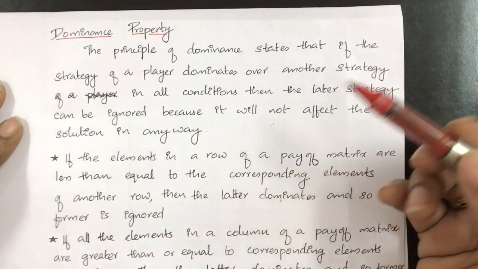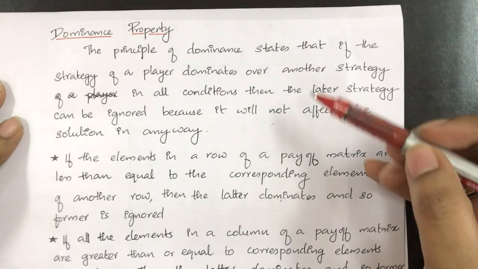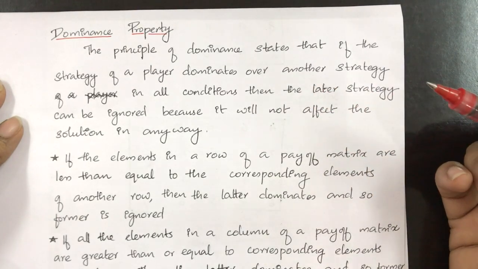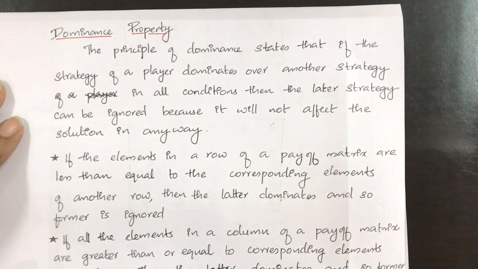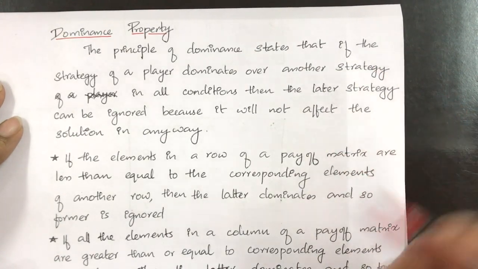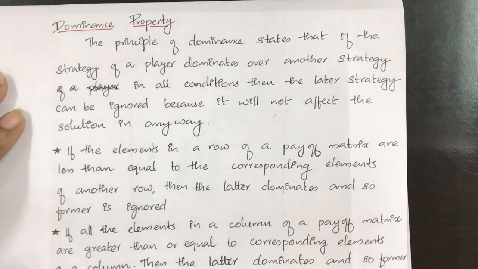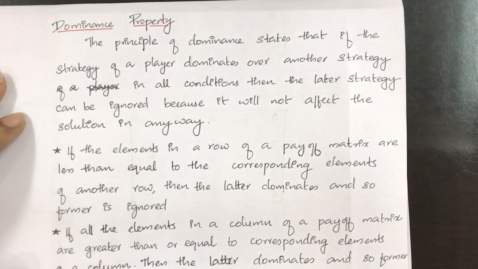If A has more than one strategy, and strategy 1 dominates another strategy, strategy 3, in all conditions, then we can avoid strategy 3. For that, we will look into the strategies of A and the strategies of the opponent B also.